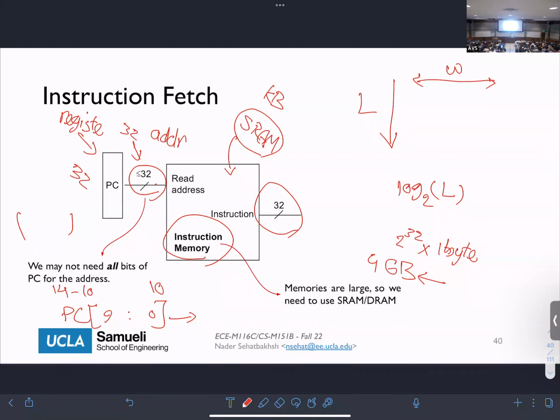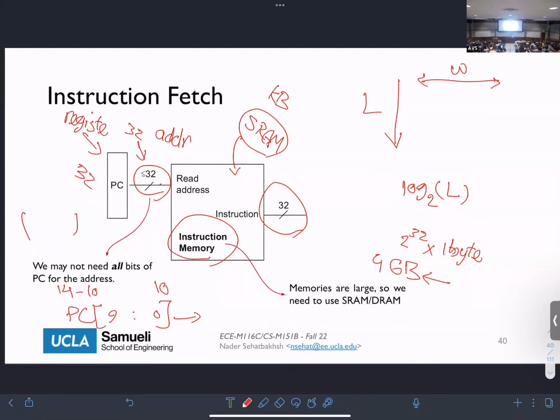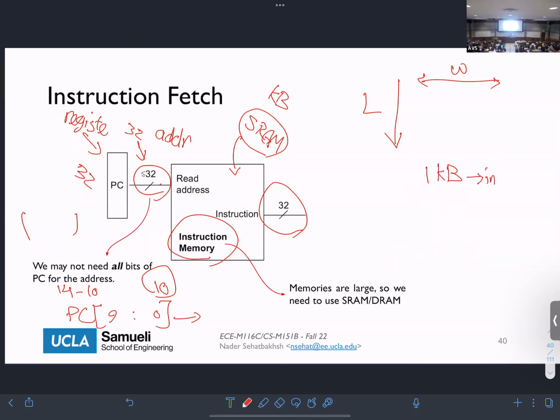So the question is why I said we only need 10 bits to address this. I assume that we have only 1 kilobyte of instruction memory. Then the question is how many bits do I need to address the entire instruction memory? 1 kilobyte is 2 to the power of 10 times 1 byte.